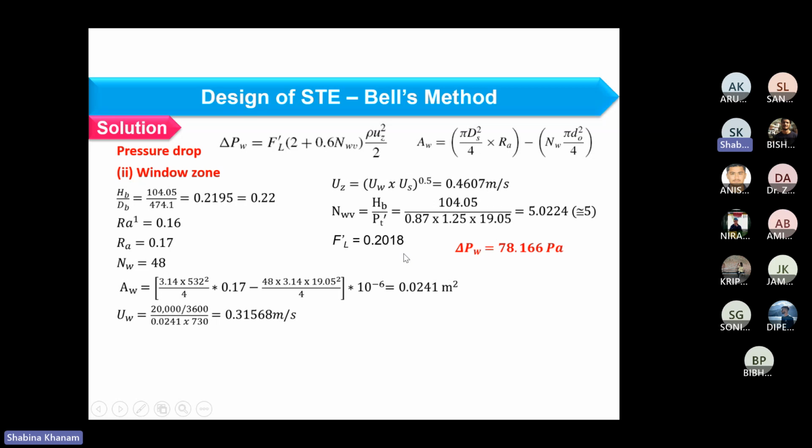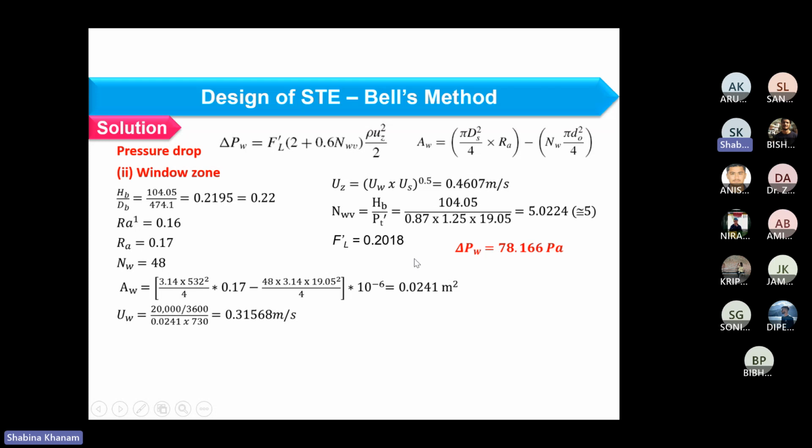If you do round up for both or round off for both, the number of tube rows will differ. So NCV should be round up and NWV should be round off, or vice versa. You can make this round up or NCV round off, no problem.